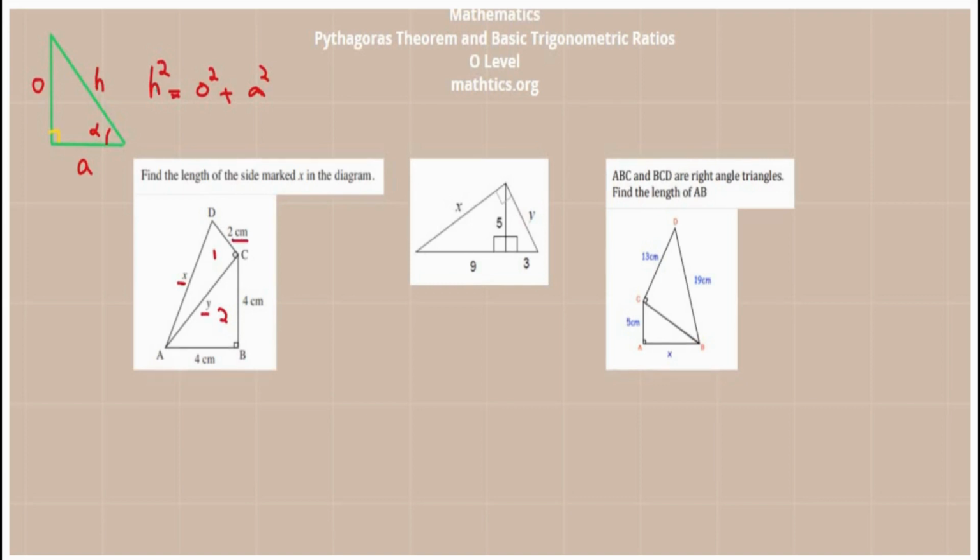So only one side is known, which is 2 cm long. So x and y both are unknown sides. And then in the second triangle we have two known sides and one unknown side, which is y. So it's better if we first choose the second triangle, solve it for the third side, calculate y, and then with the help of that y we can find the value of x.